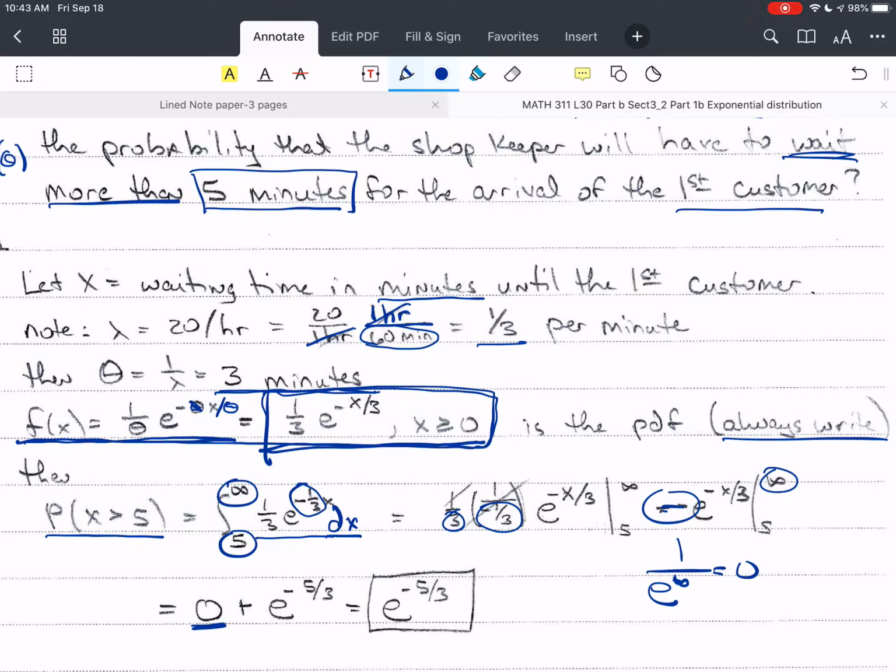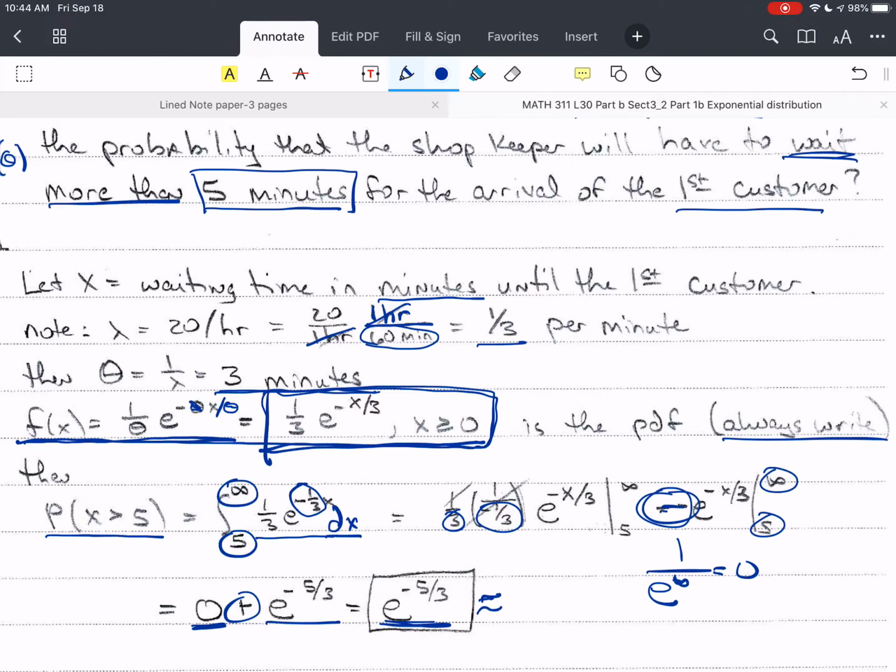And then I'm going to subtract when I plug in this, but I've got the minus sign, so subtracting a negative is adding. So that becomes positive. I plug in 5 for x. I get this value here. Okay? And you can work that out. I suggest that even though I'm happy with this answer, that you verify that you haven't made a mistake. This number has to be between 0 and 1.